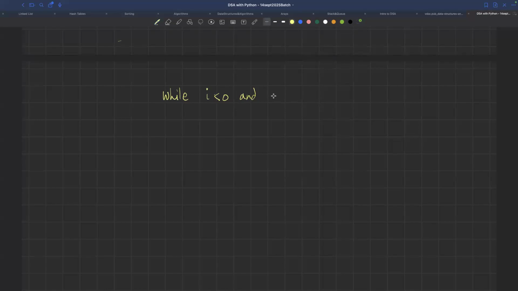Okay, while I is greater than 0 and I is less than or equal to n, and I'm saying n is equal to n divided by 2. Okay, I is equal to I plus 1.